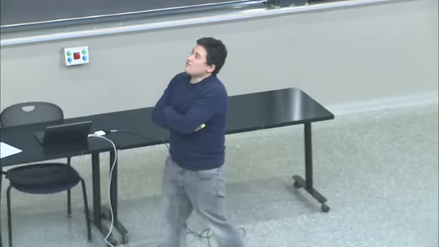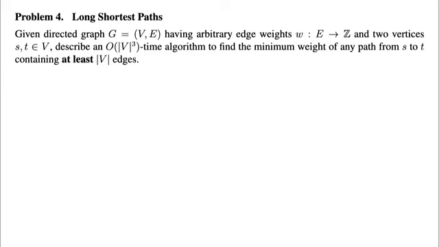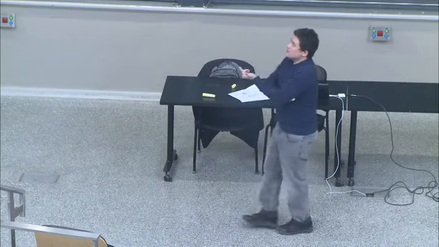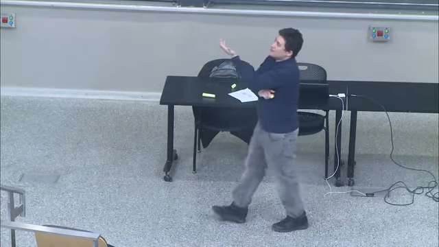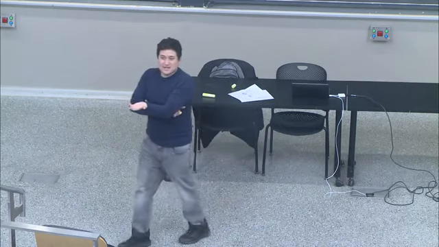Well, here's an observation I have for you. If I want a path that goes through at least v edges, some prefix of that path uses exactly v edges, right? That makes sense, right? So it might make this problem easier if it's not at least v edges, but exactly v edges.